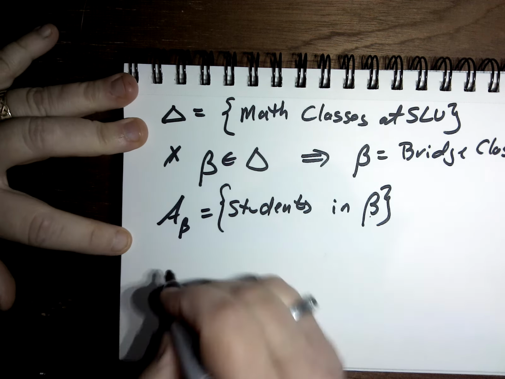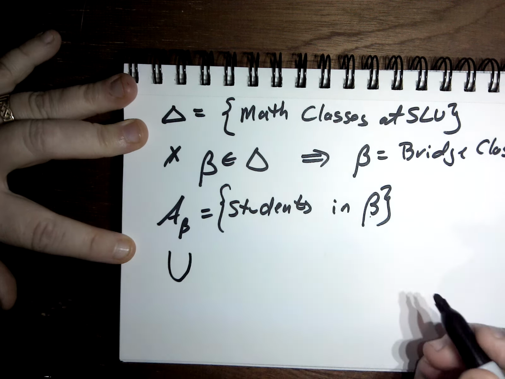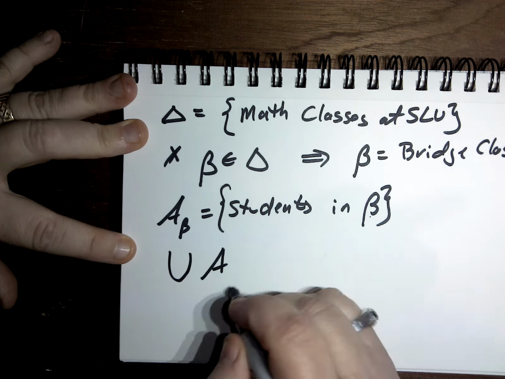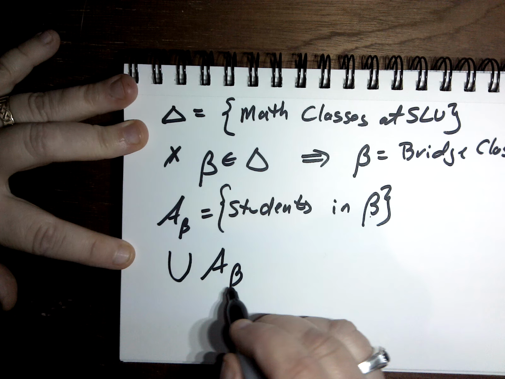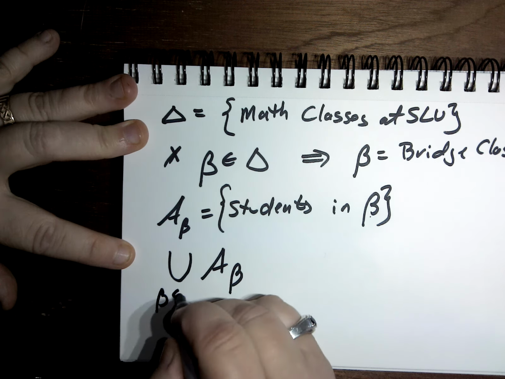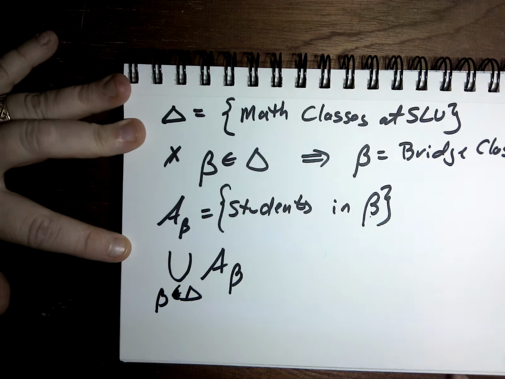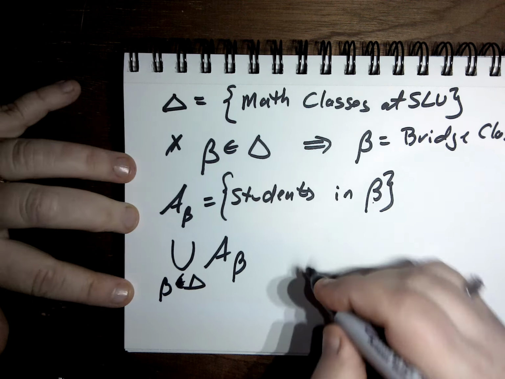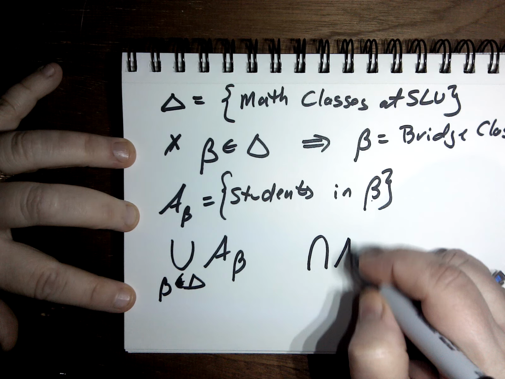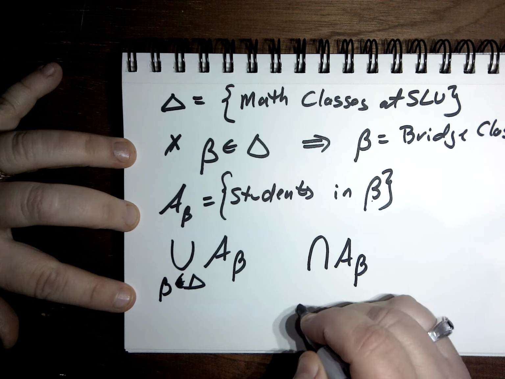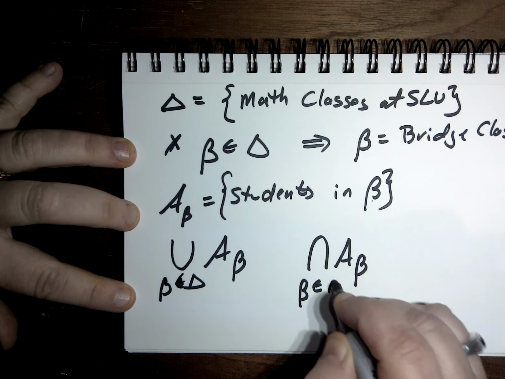If I want to take the union of all of these, of A sub beta, well, what's beta? Beta is some element of delta. Or I want to take the intersection of A sub beta, where beta is in delta.